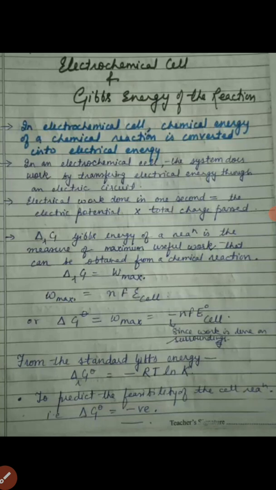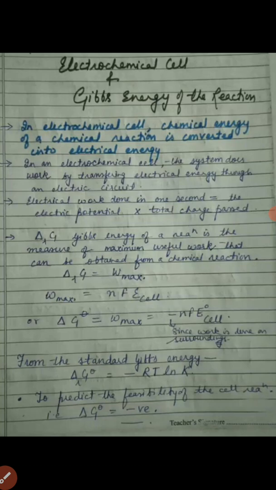For a reaction occurring in an electrochemical cell whose electrodes differ in potential by E cell, the work done when the amount of charge nF is pushed along by the potential of the cell is given by nFE cell. So the Gibbs energy of a reaction will be the maximum work done or obtained during the chemical reaction, and that maximum work done will be equal to nFE cell.